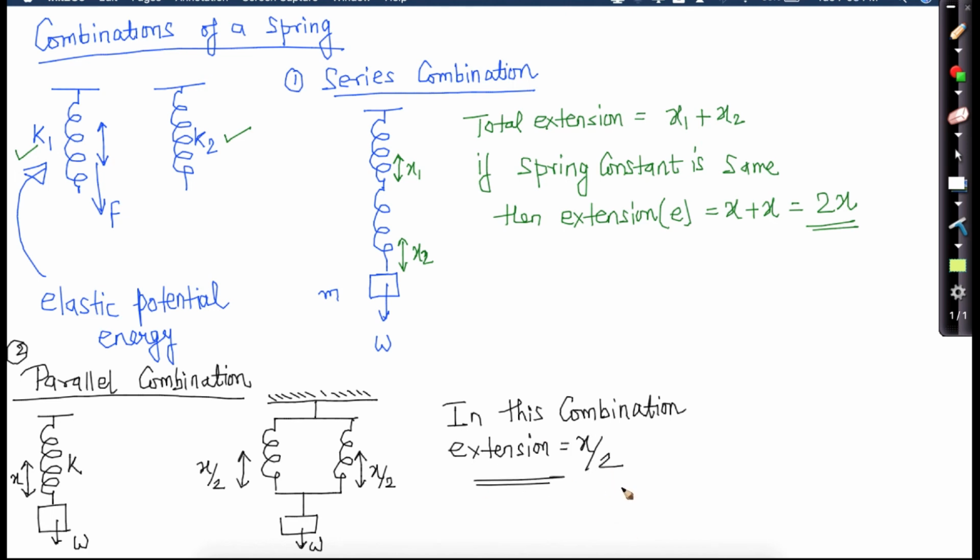Okay, one question might be coming to your mind: if the spring constants are different, if the values of k1 and k2 are different, then would it also be x by 2, x by 2? No, it won't be. Then what would be the final extension?